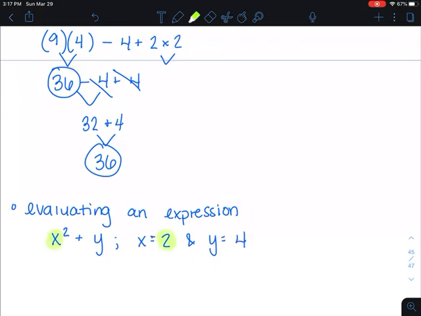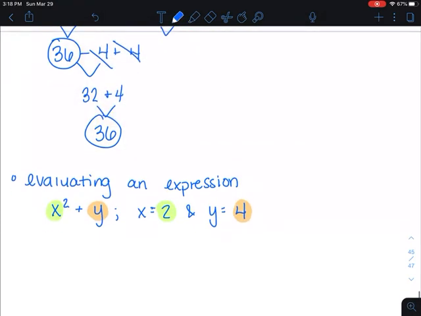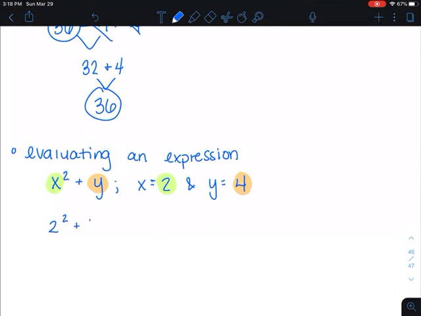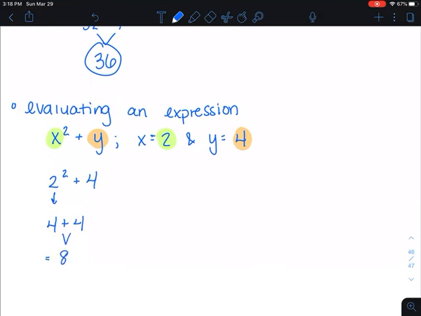We're going to say that x is 2, so every time you see an x, you're going to plug in a 2, and y is 4, so every time you see a y, you're going to plug in a 4. So this becomes 2 squared plus 4. 2 squared is 4. 4 plus 4 is 8. So to evaluate an expression, you plug in what they tell you the variables are, and then simplify using PEMDAS.